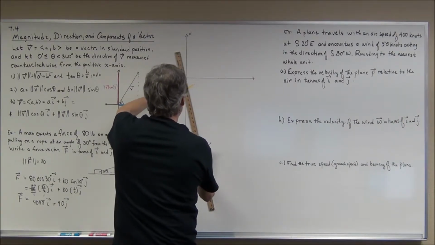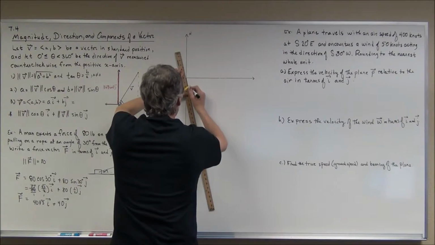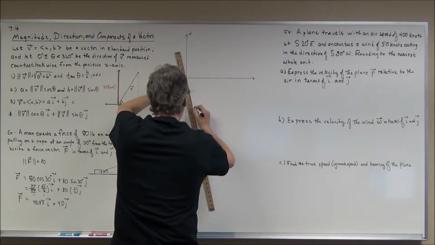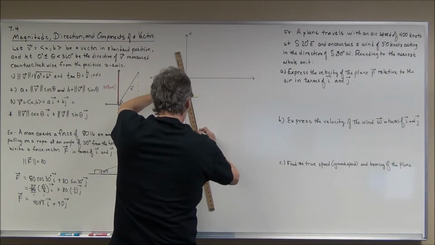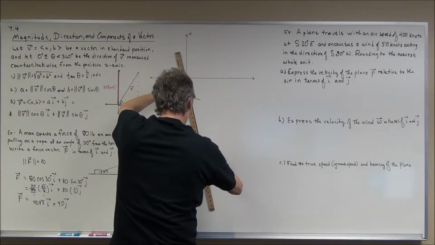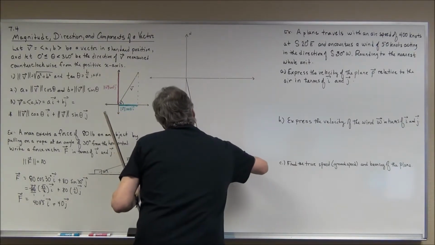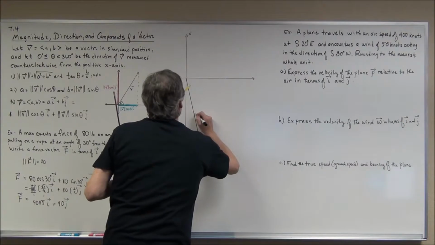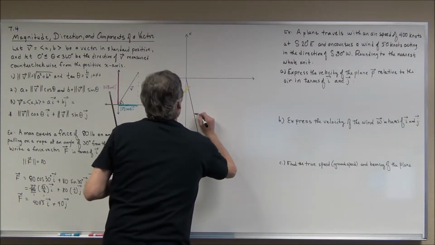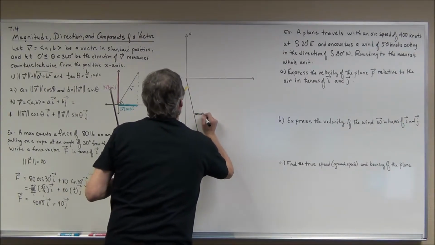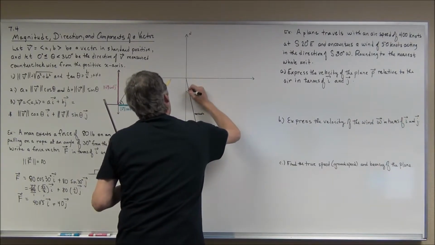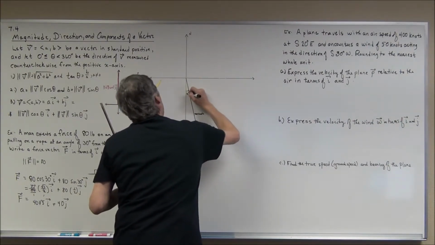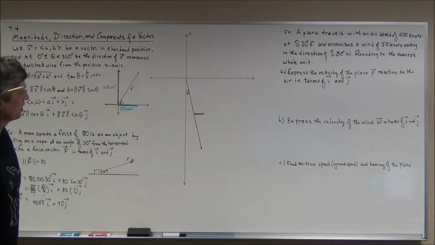It could be about like this. And let's see, 2, 4, 6, 8, 10, 12, 14, 16. So here's our plane. This is 400 knots. And this angle right here is 20 degrees. Hopefully you can see that as I was standing right in front of it.